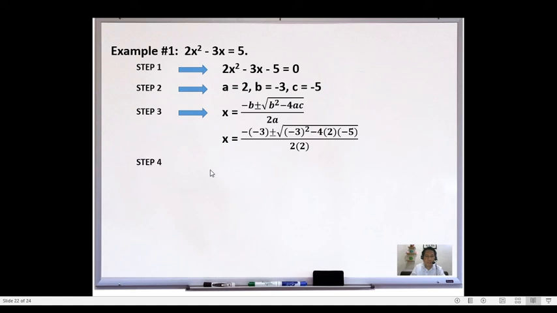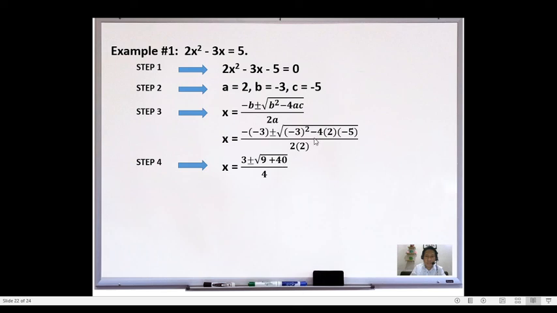For step number 4, we are going to simplify this one now. So that is x is equal to negative times negative 3, the product is 3, plus minus the square root of negative 3 squared is equal to 9, and then negative 4 times 2 times negative 5, the product is 40.